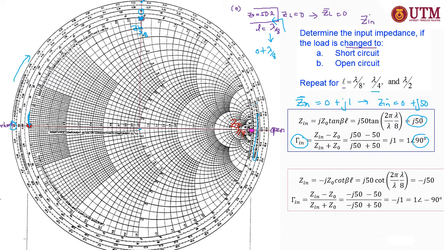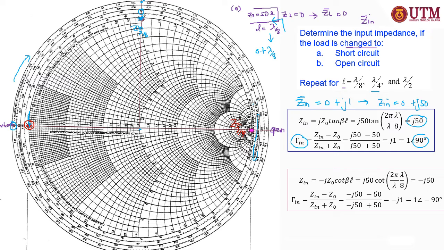So again, you can read through the value and also the imaginary part. And same goes to when it is lambda over 2. So 0 plus lambda over 2 is 0.5. So Z-in when lambda over 2 equals the same point as the Z, the load position.